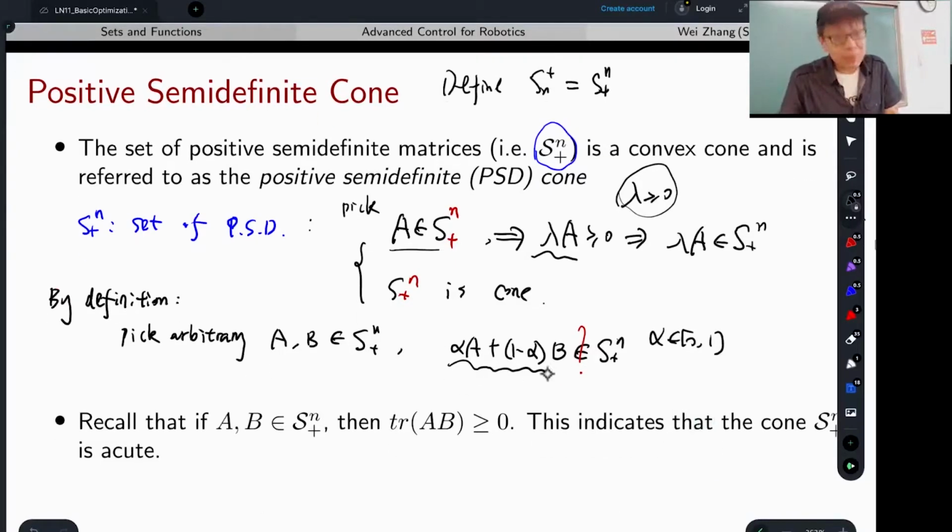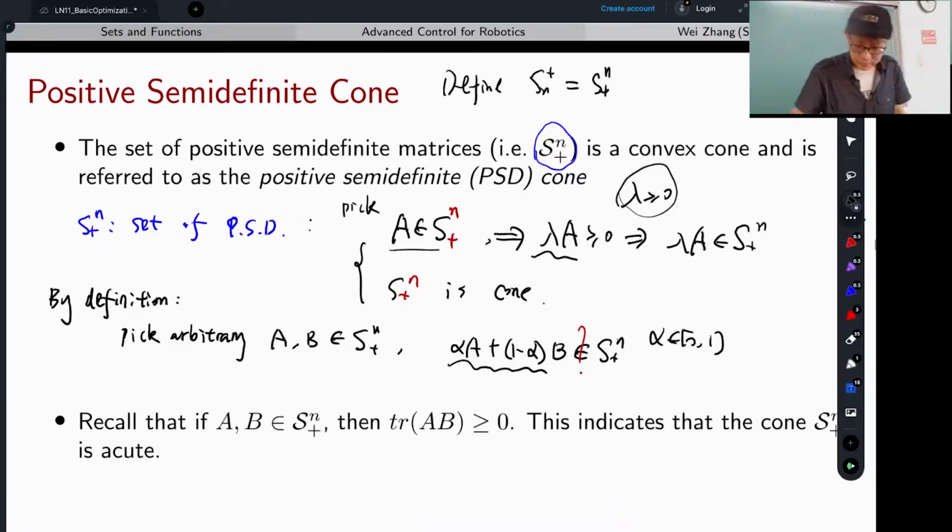So can you prove this step? Is this true? How to prove this? All you know is A is positive semi-definite, B is positive semi-definite, alpha is between 0 and 1. And I want you to show alpha A plus 1 minus alpha B is positive semi-definite.